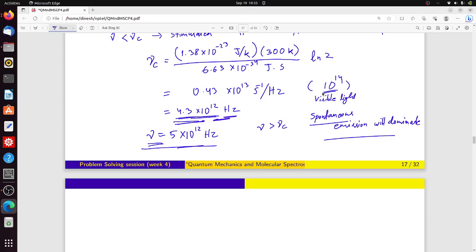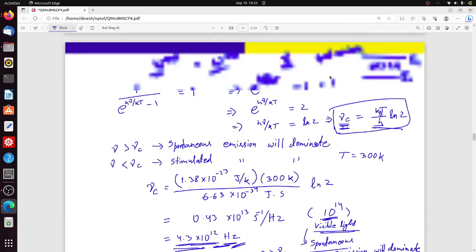So it's obviously greater than the critical frequency. So in the presence of this visible light, what will dominate? The spontaneous emission, right? Understood? Yes, sir. Okay. Any questions so far?